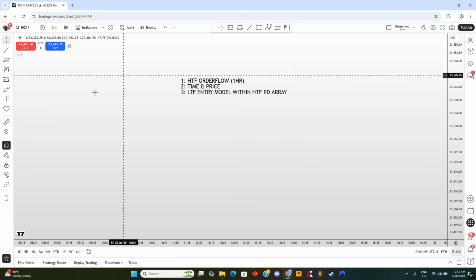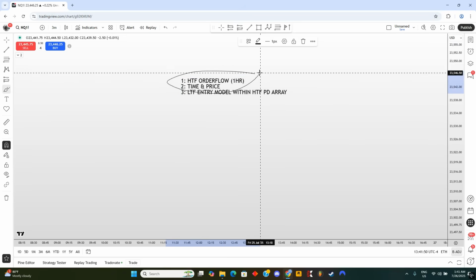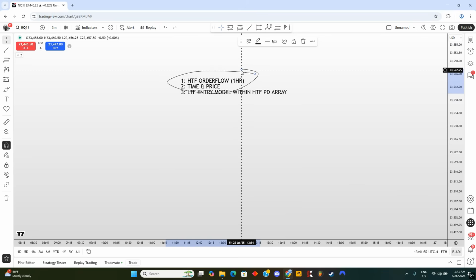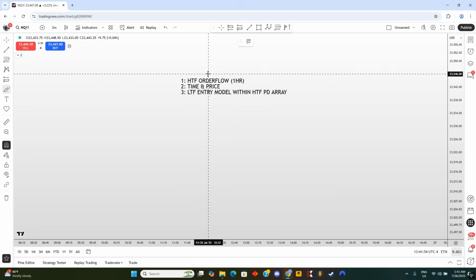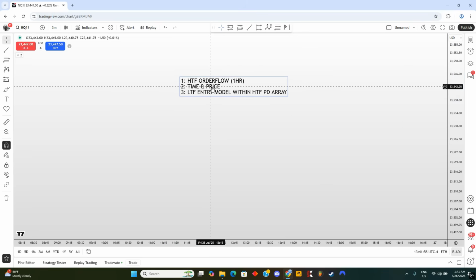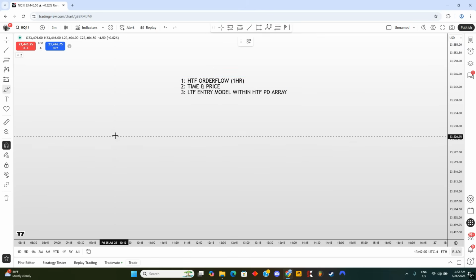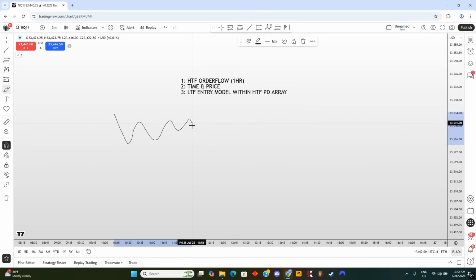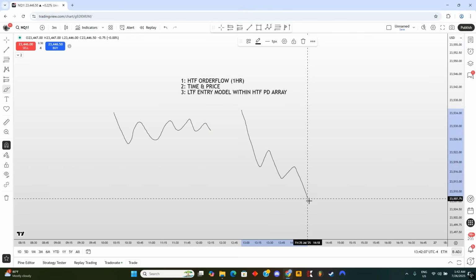Okay, now I'm going to teach you everything, how to identify the order flow on the 1 hour. I'm also going to teach you why time is important for this strategy and why price is also important. And I'm going to show you what it looks like, because we usually have price action like this or this, right?